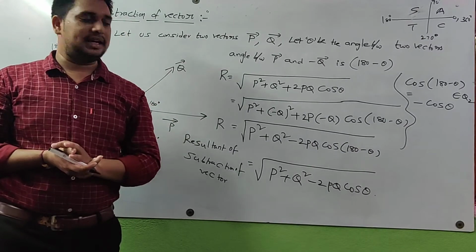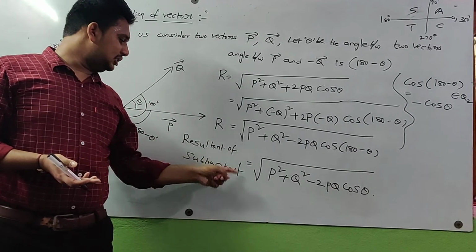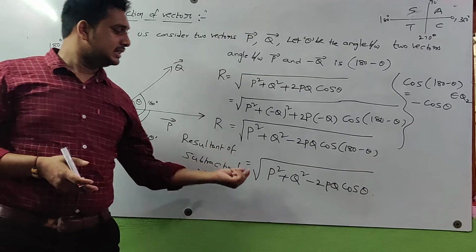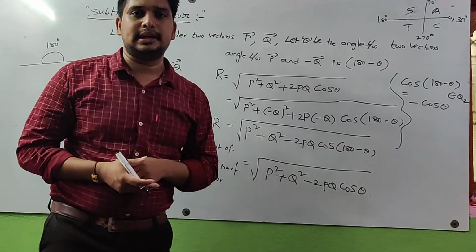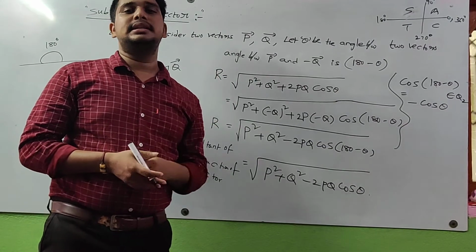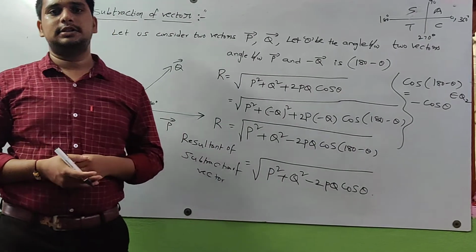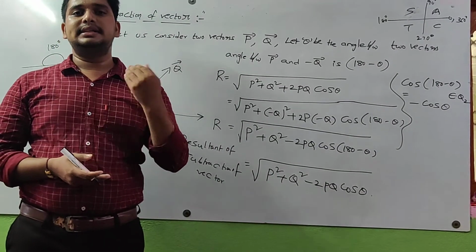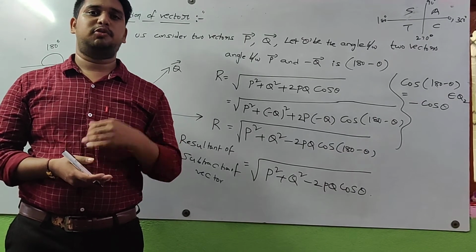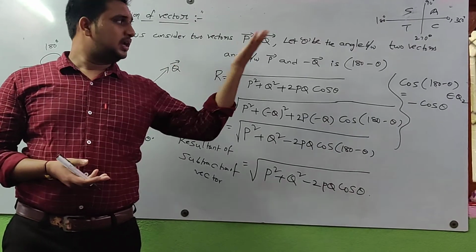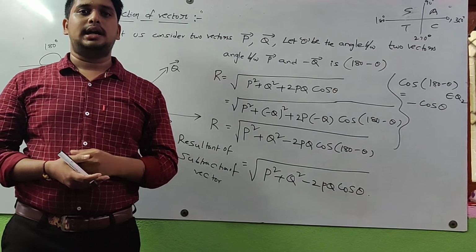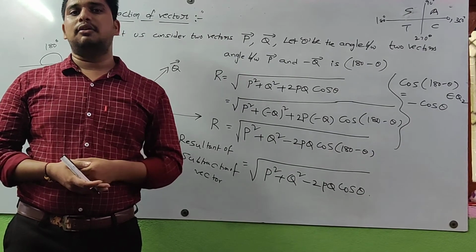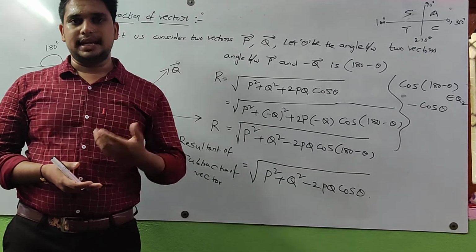For subtraction of vectors, the resultant formula is square root of p square plus q square minus 2pq cos theta. This is the subtraction of vectors concept, and we will discuss a few problems based on addition and subtraction of vectors, and after that we'll continue our lecture on motion in a plane.